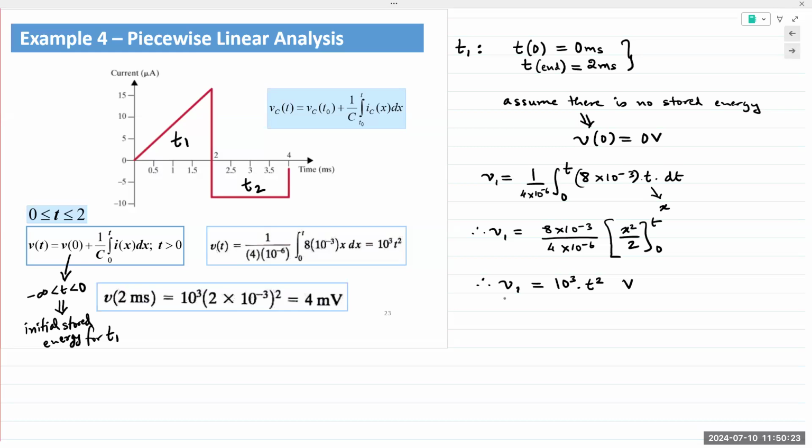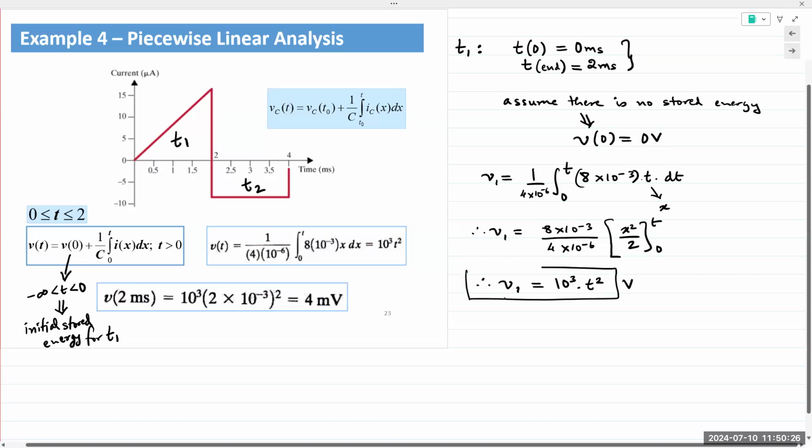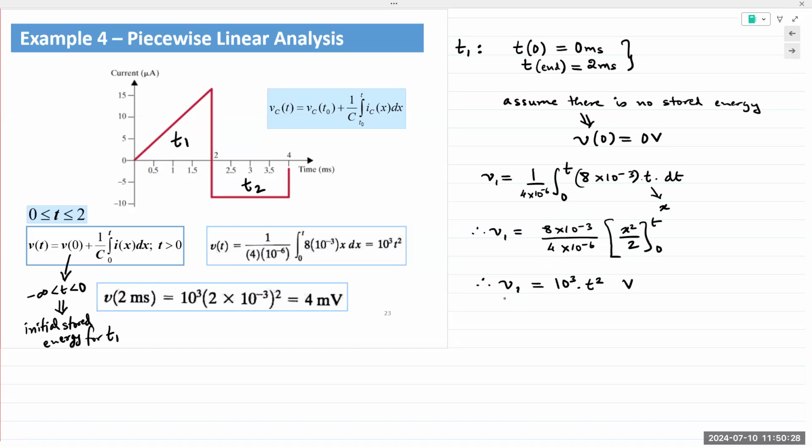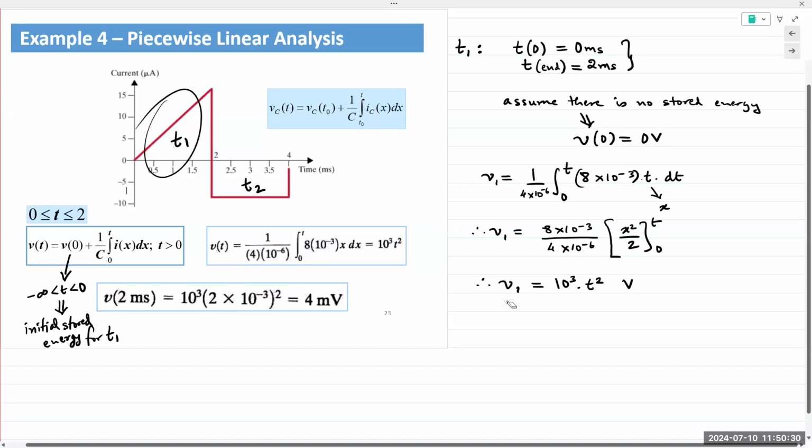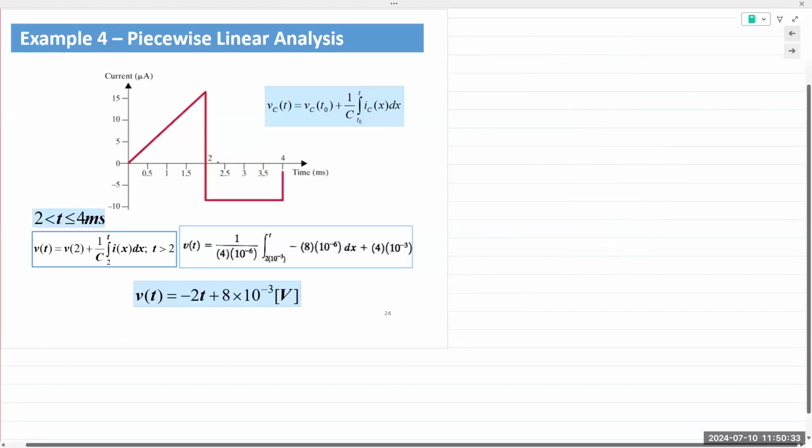This equation is only valid for this first time period right here. Now we have to do this time T2. Okay, so this is T1, this is T2. Now for time period T2, what is the beginning point of our analysis? 2 milliseconds.